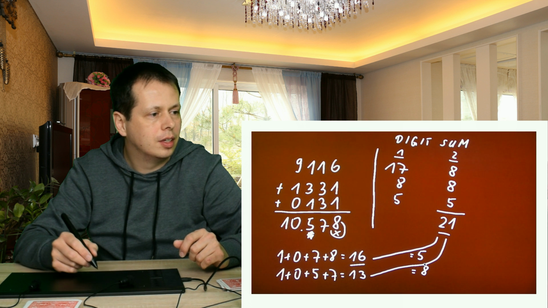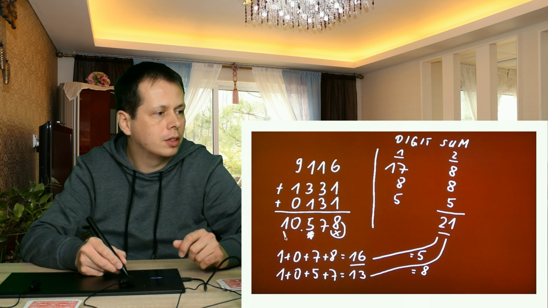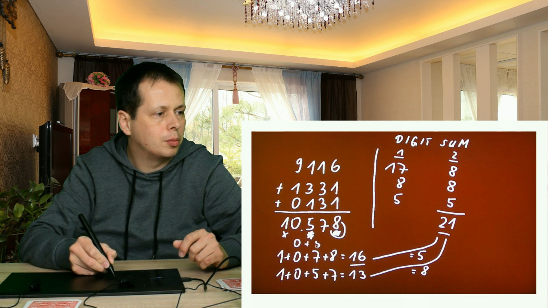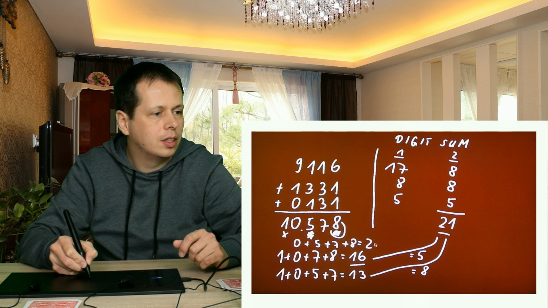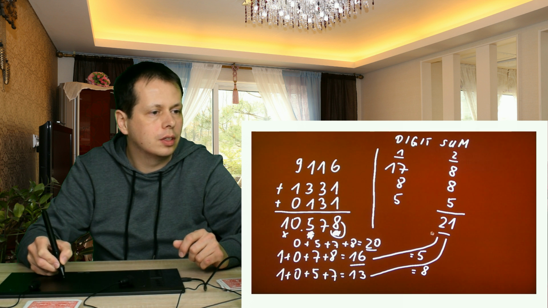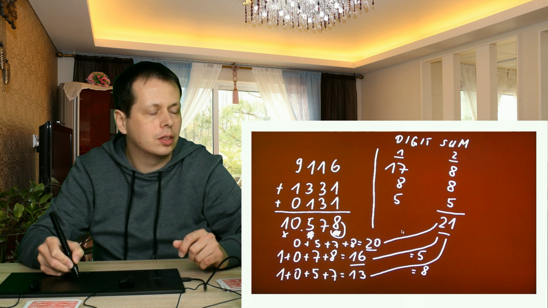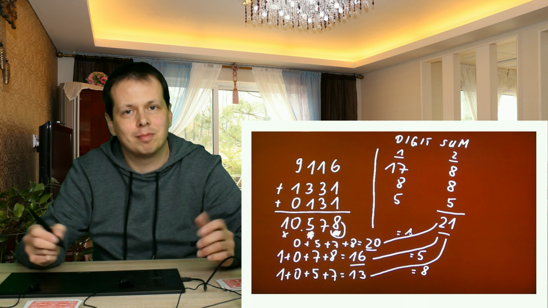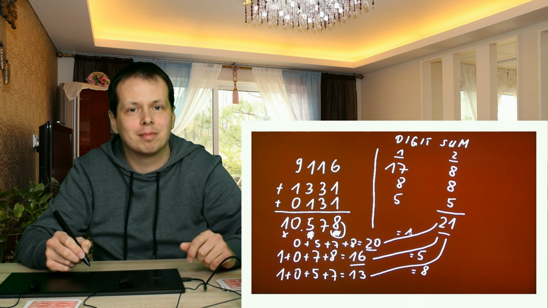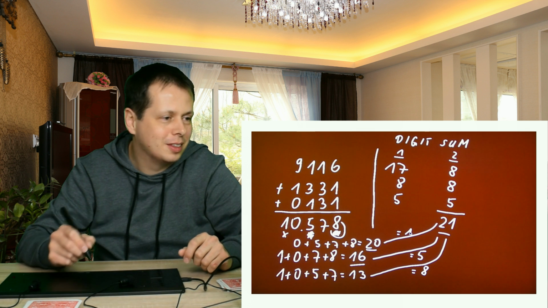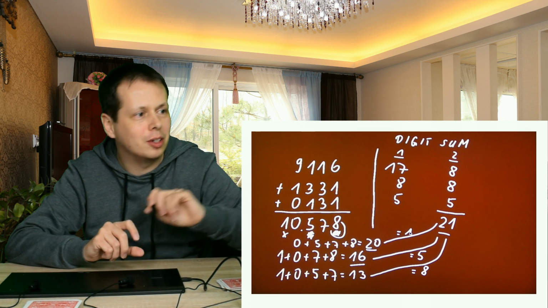And maybe one last for the 1. So 0 plus 5 plus 7 plus 8 equals 20. 21 minus 20 equals 1. This works every time, if you calculate correctly.